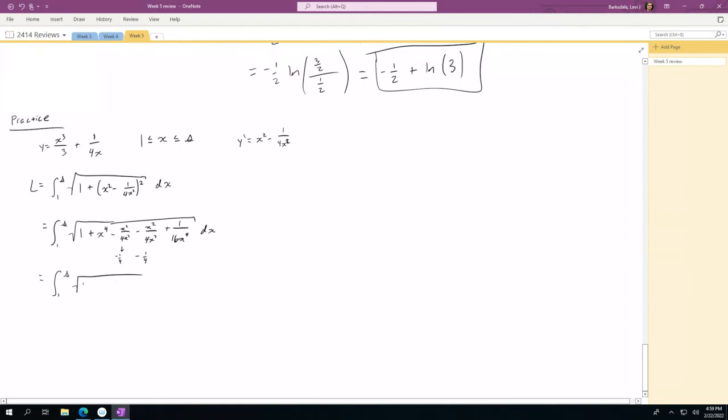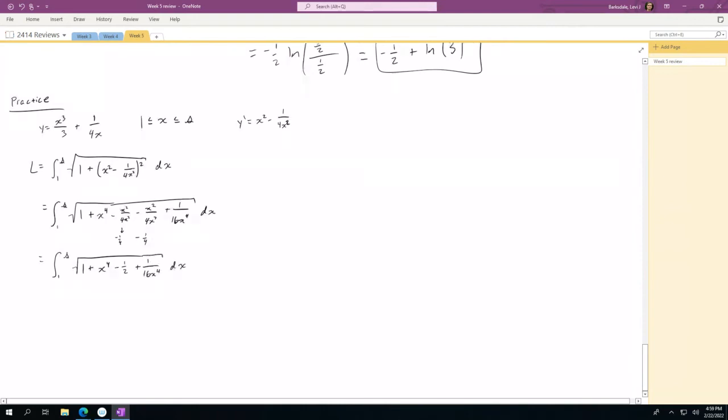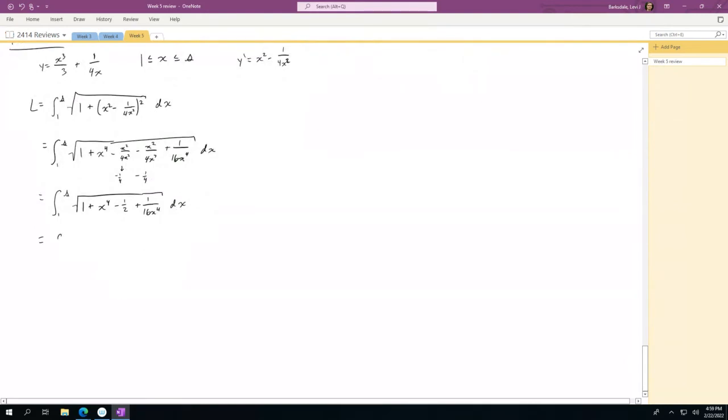So I'll write that. 1 plus x to the 4th minus 1/4 minus 1/4 is minus 1/2. And now I can combine my 1 with my negative 1/2. And I have x to the 4th, not x squared, x to the 4th plus 1/2 plus 1 over 16x to the 4th.